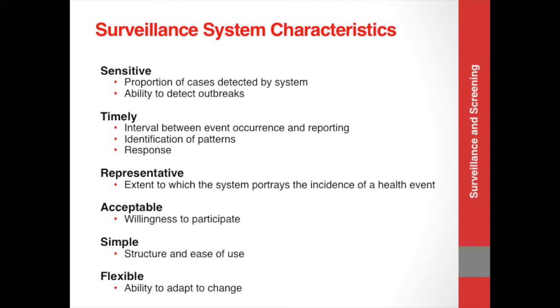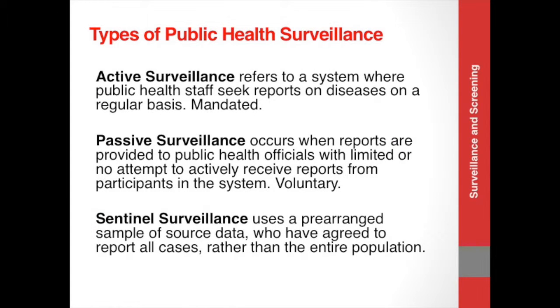A good surveillance system should be sensitive, meaning that it should have the ability to detect outbreaks. It should be timely, representative of the health event, acceptable, simple, and flexible. Surveillance might be classified as active, passive, and sentinel.